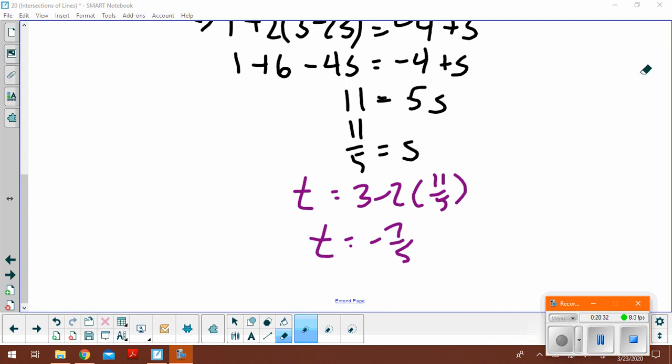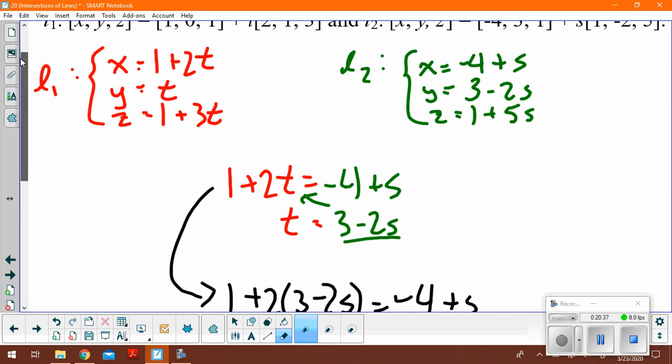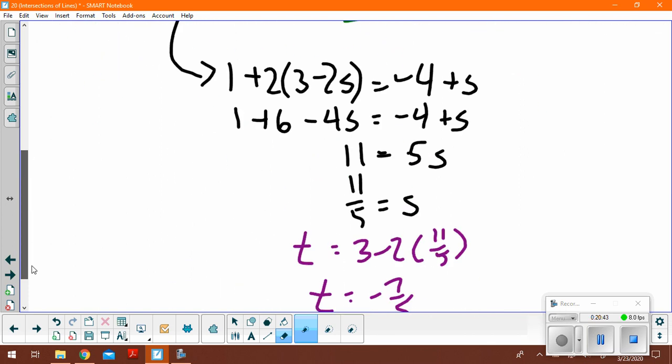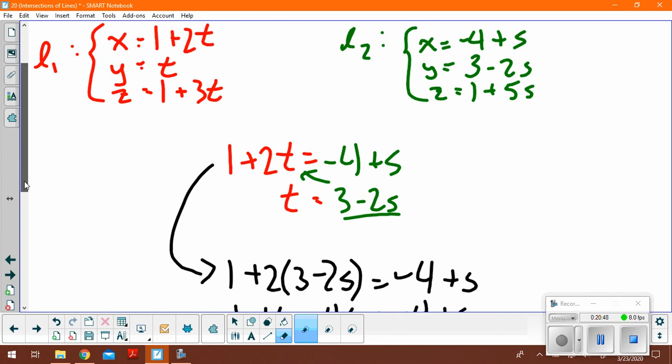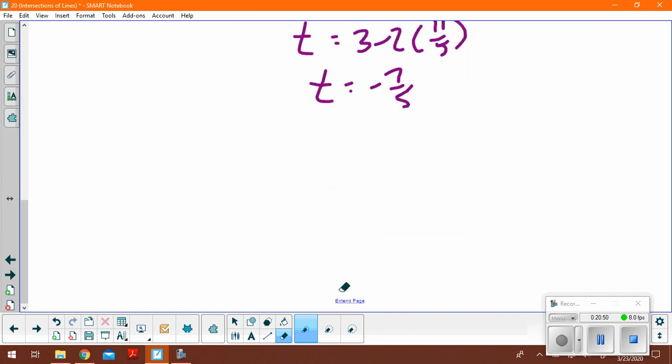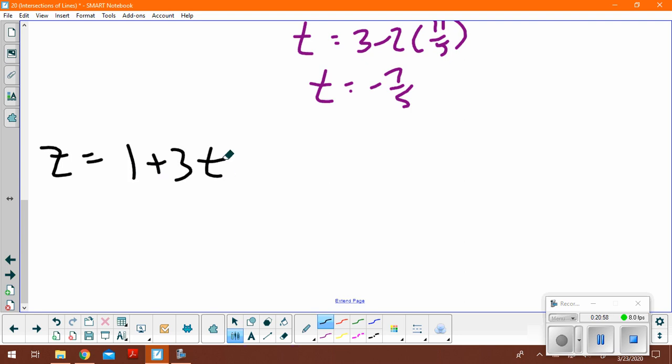The last thing I need to do here is verify that third equation, because I had a third pair of parameters, z equals 1 plus 3t and z equals 1 plus 5s. I need to check and see if this actually works in that last pair of parameters. So bear with me while I copy them down again. z was equal to 1 plus 3t, and z was equal to 1 plus 5s.